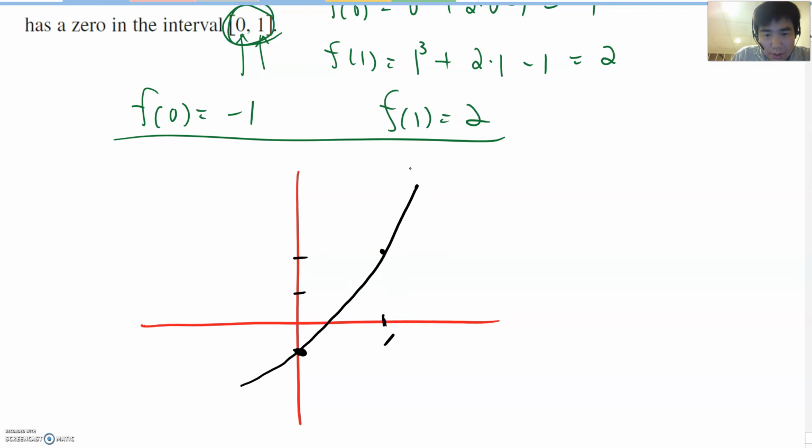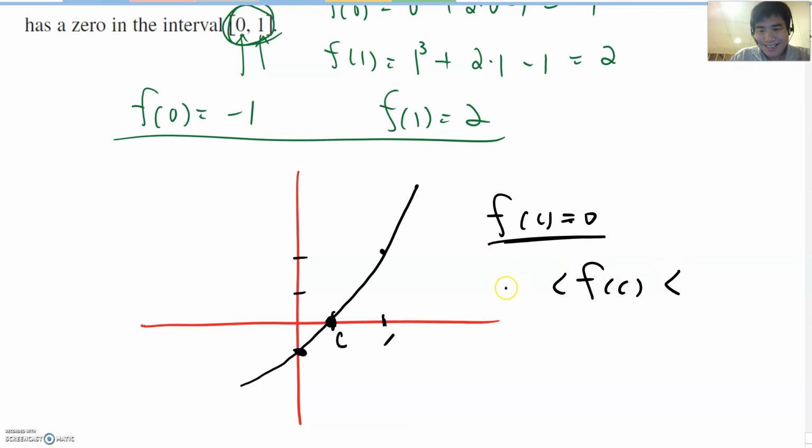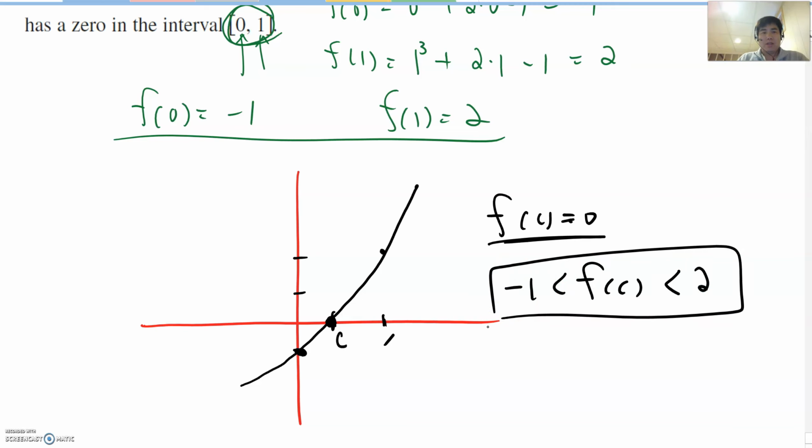As you see, this point is 0 basically. So we name this c, then we can generate f(c) equal to 0. And obviously f(c) is between -1 and 2. So we apply this theorem and describe that. Okay.